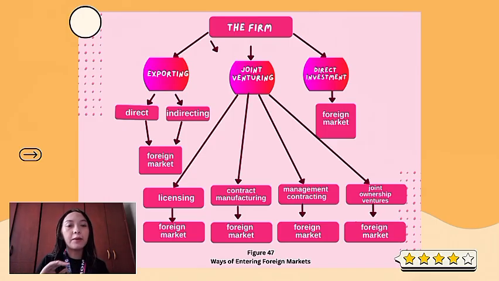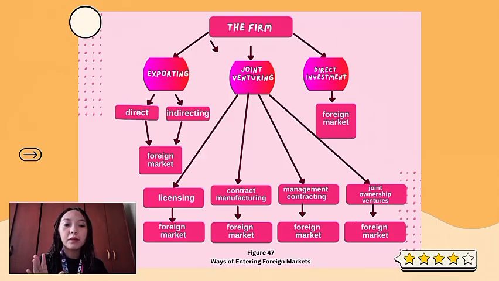We already tackled those, and now I'm just going to show you their processes. Exporting can be direct or indirect, and it heads to the foreign market. Joint venturing has licensing, contract manufacturing, management contracting, and joint ownership ventures.